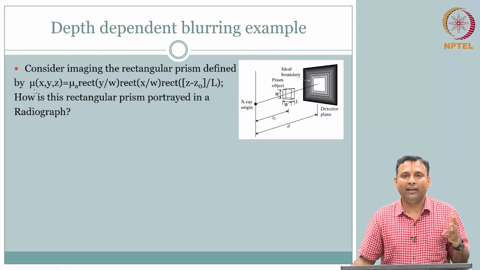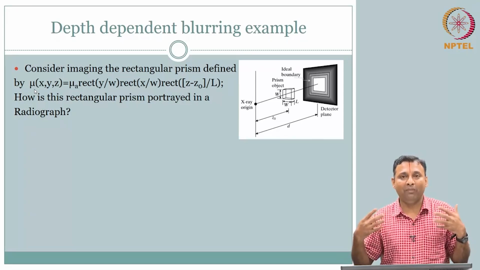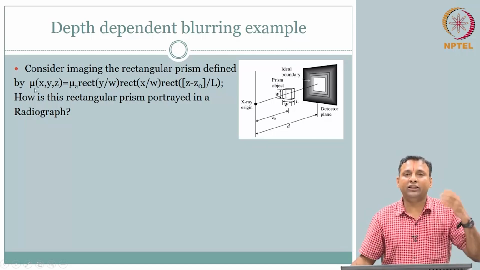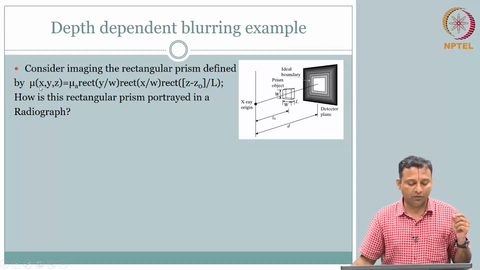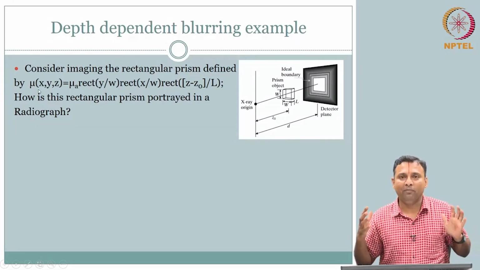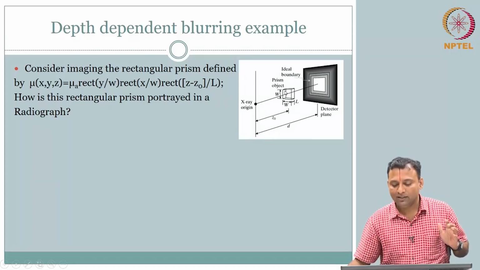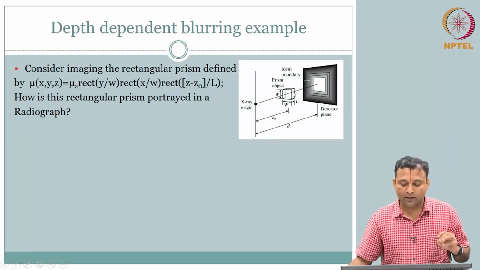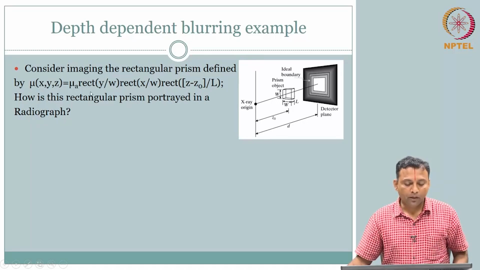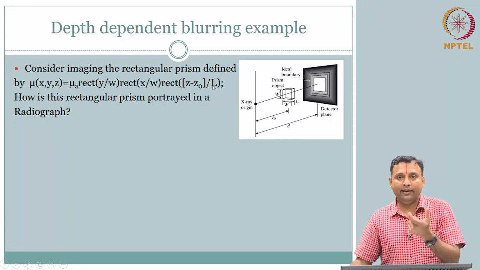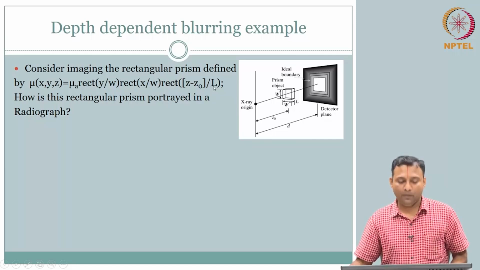The meaning of f of x comma y is a variation or distribution of mu, which is a function of x comma y comma z. So it is a spatial distribution of mu. We are interested in the attenuation property distributed in this prismatic format, defined by this boundary: width, height and depth, which is L.